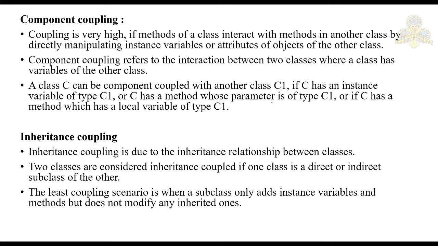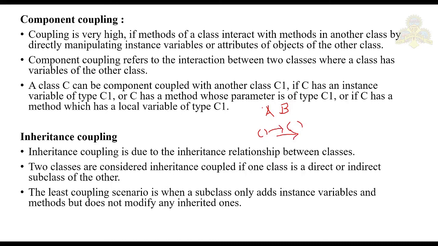So again we'll consider class A and class B. Component coupling is high when a class A method interacts with a class B method directly. This method of class A will directly manipulate or update the instance variables or the objects of class B.